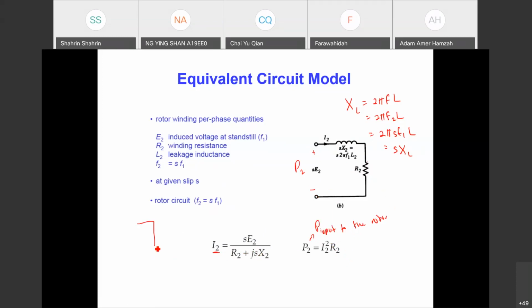We know that we have the stator and the air gap here, and we have SE2 and I2 here. To obtain the power that has been transferred from the stator across the air gap, we can refer to it as the air gap power, which is the rotor power input, which you can calculate by using I squared R2.